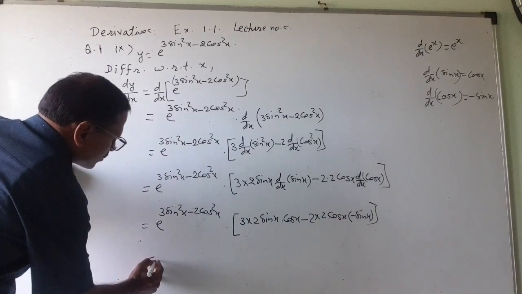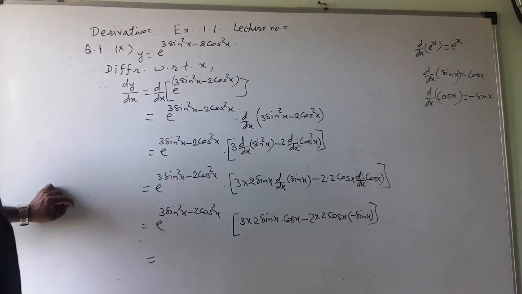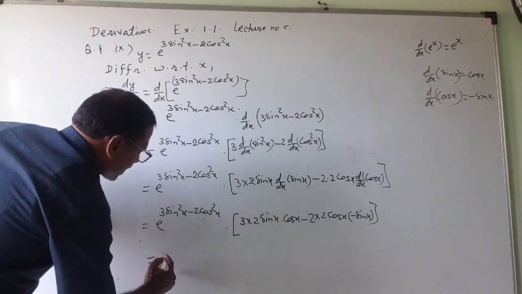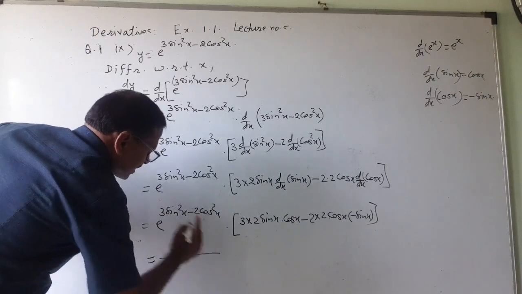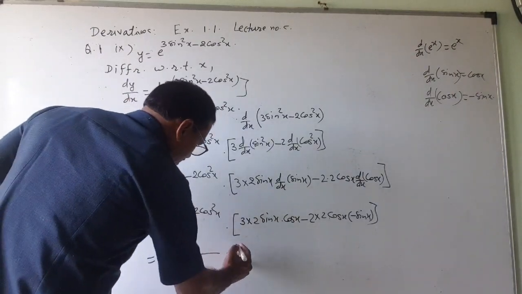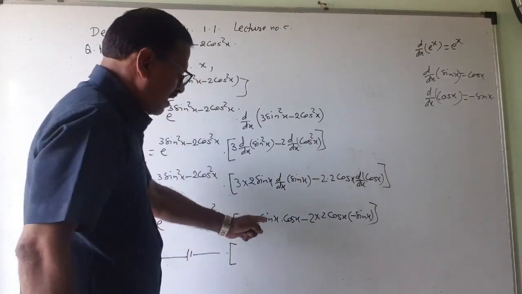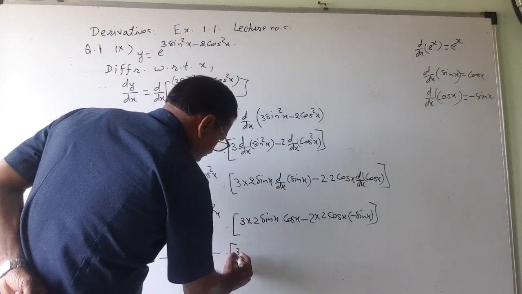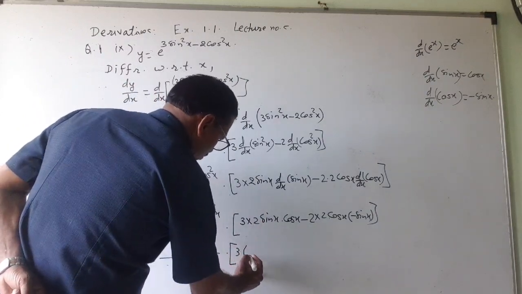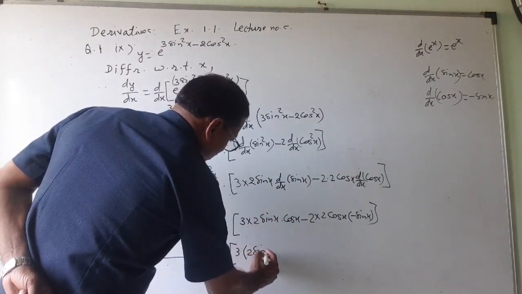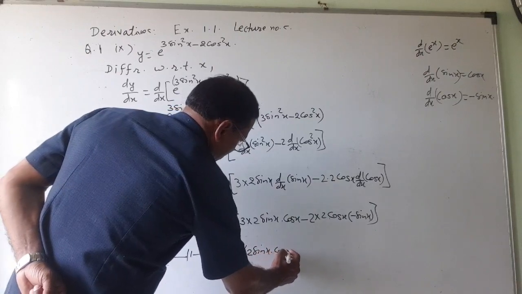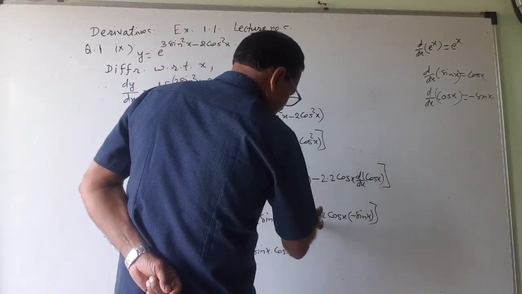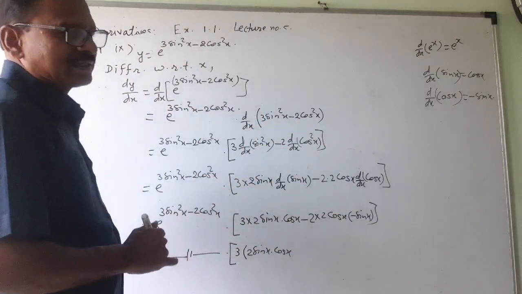So that is equal to, now e raised to, this part I am not writing, I will just say that this is the same, into this part I want to elaborate this much. This is 3 into 2 sin x cos x. If you write up to this, just multiply and it will be plus 4 and the final answer is 4.